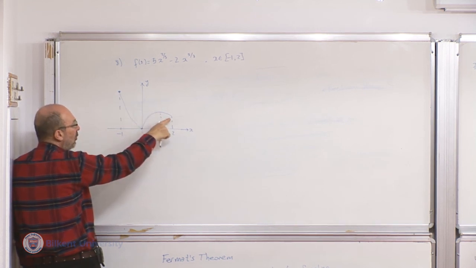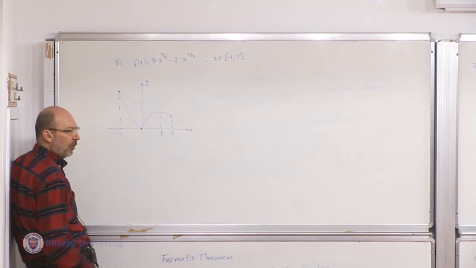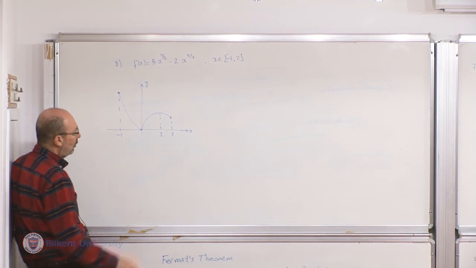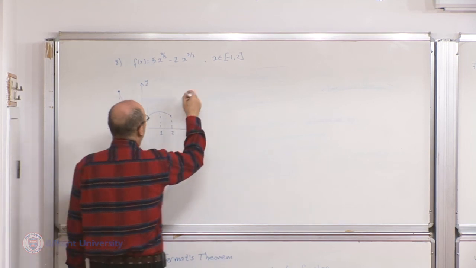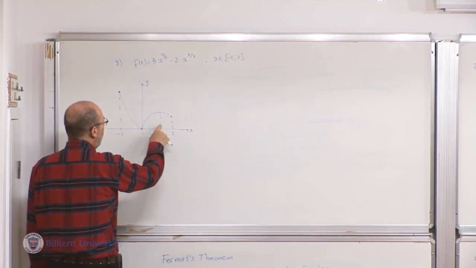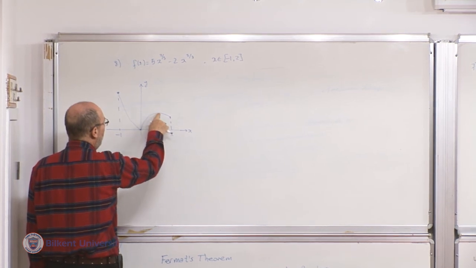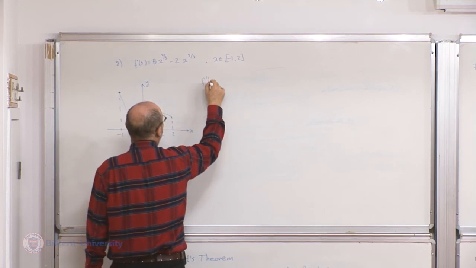At this point, we have a local minimum. It's an endpoint, but from the figure, we see that it's a local minimum. This number is smaller than the nearby points. If you plot the figure, this is what you see. Of course, you don't see that the local maximum occurs at 1. You calculate this after taking the derivative.